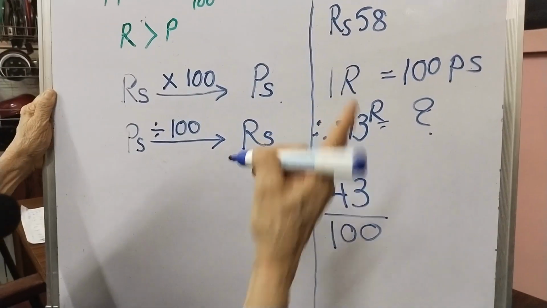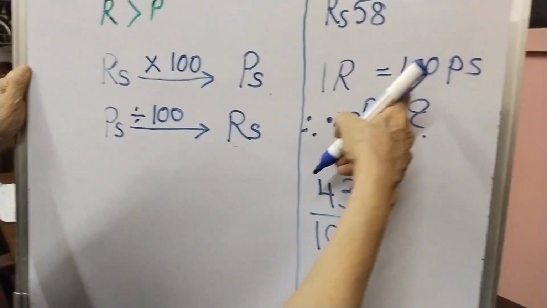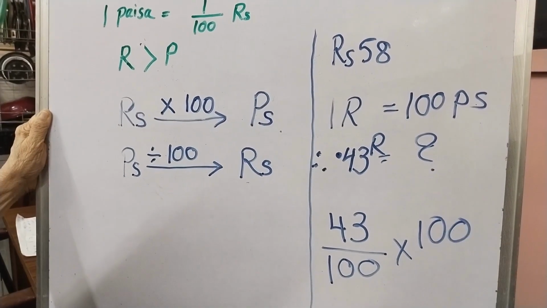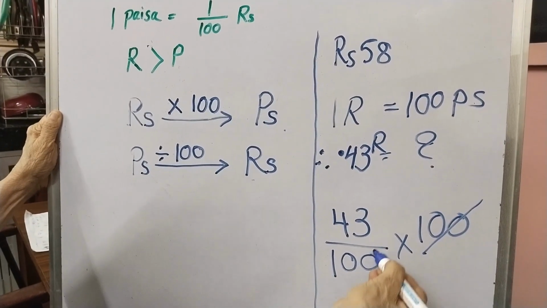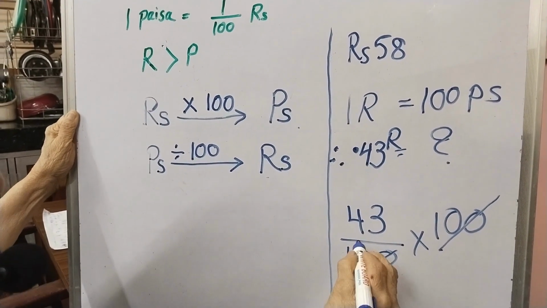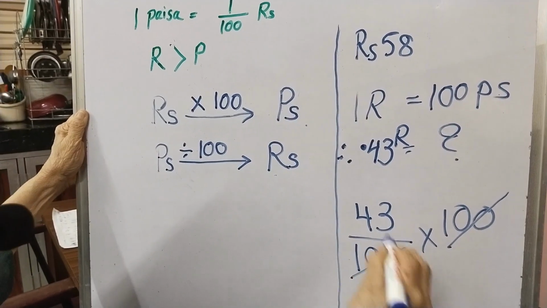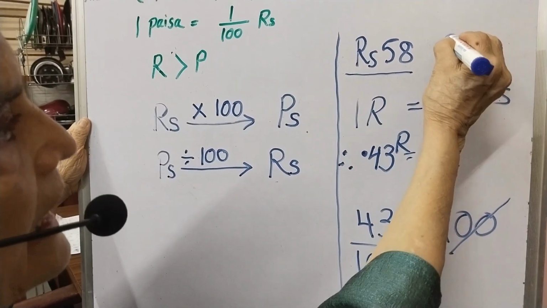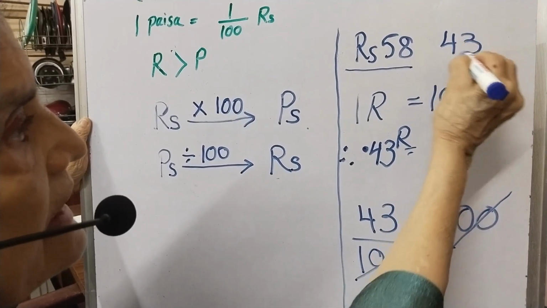This is multiplied by 100, so the 100 cancels with this one, and what remains is 43. So our answer is 58 rupees and 43 paisas.